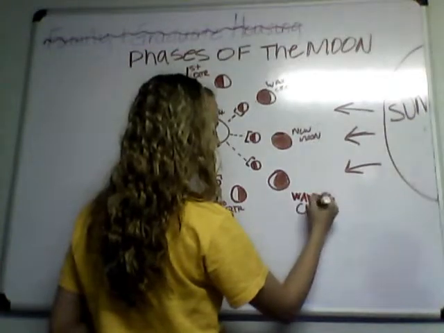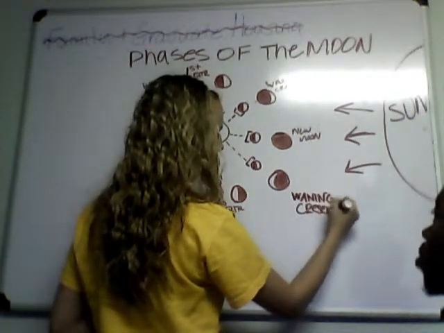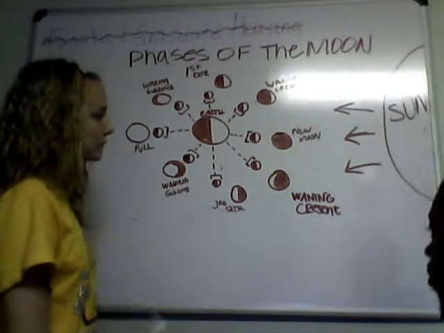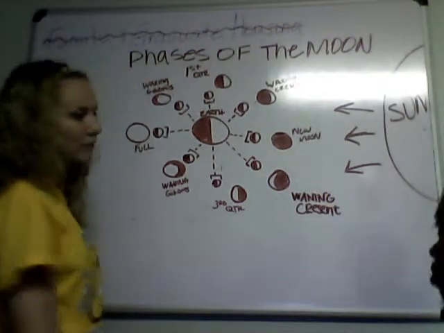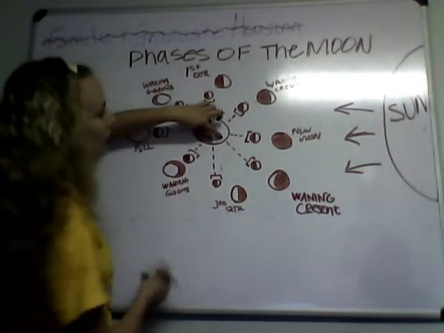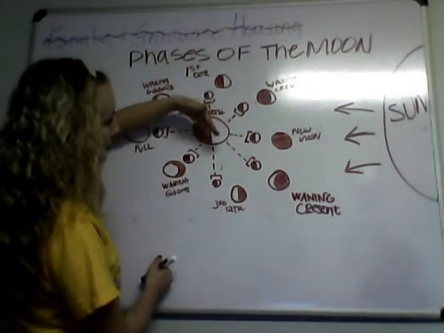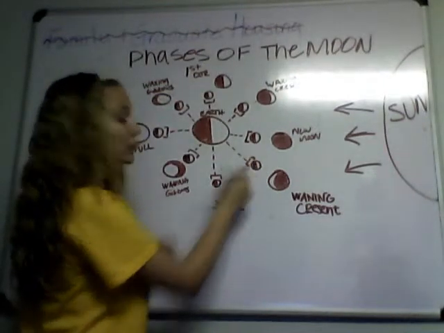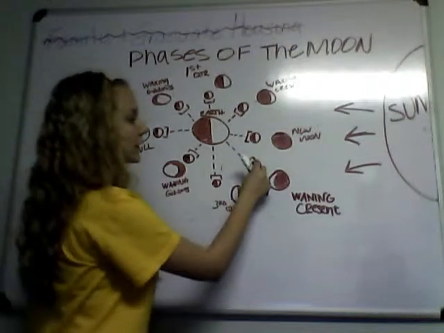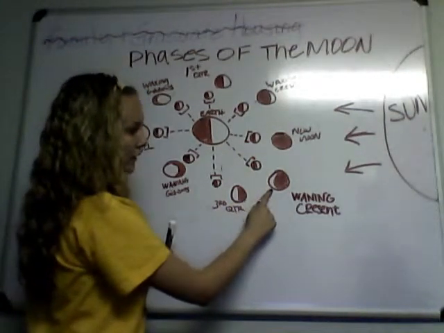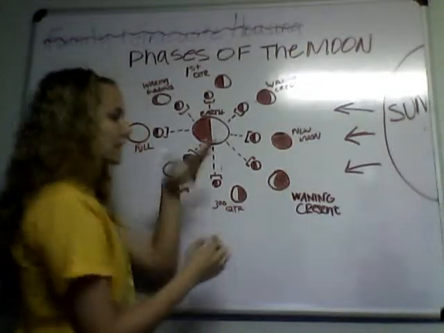And we can use the same principles that we used earlier, only we're going to see a darker moon. By this point, you can assume this is where you are on Earth, and this is the view you're getting in the angle. You're not going to see most of the moon. You're only going to see a small section of it, which results in the waning crescent, a small sliver.